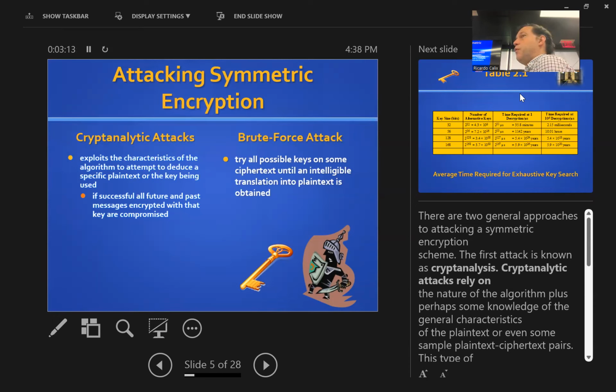Another approach is just brute force. Try all possible keys on some ciphertext until an intelligible translation into plain text is obtained. So you somehow guess the key out of all the possible keys. Eventually, this may be possible if we had quantum computers, for instance. In fact, the government has passed a policy or a law maybe that all encryption algorithms need to be ready for quantum in about 15 years, I think.